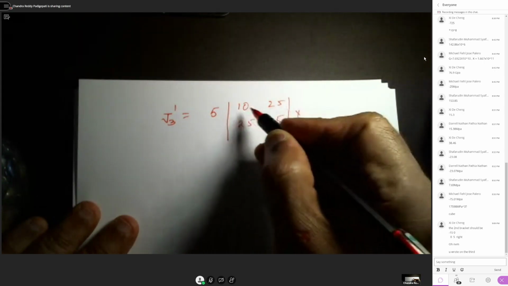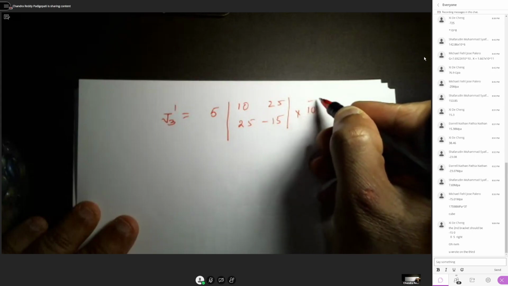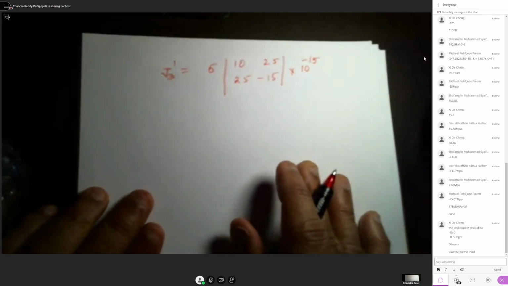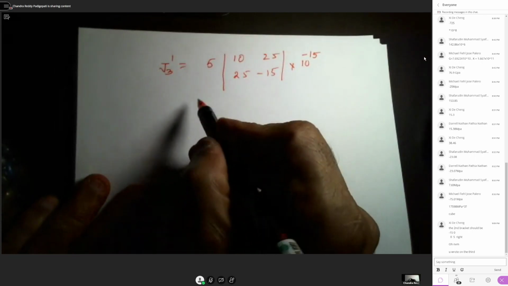The common multiplication is 10 to the power minus 15 here.